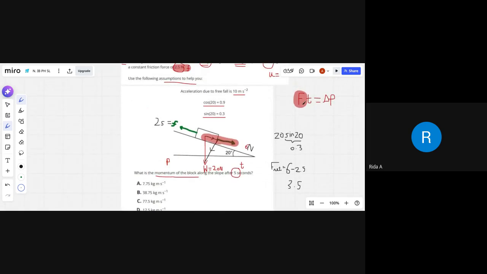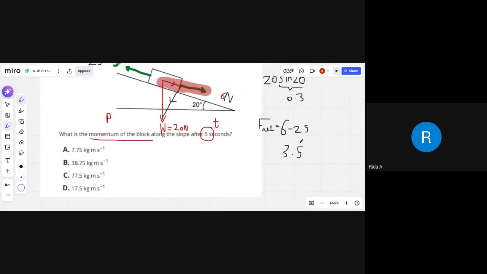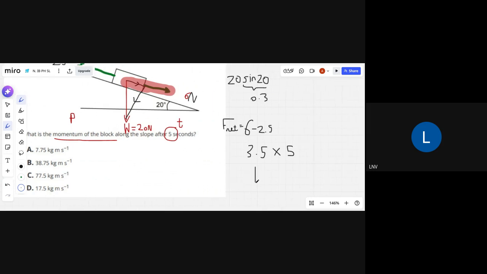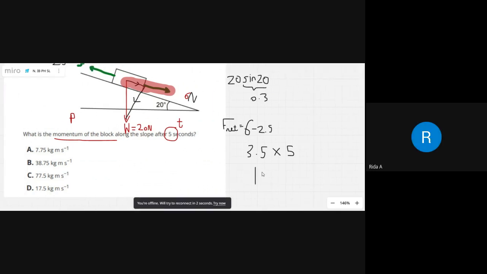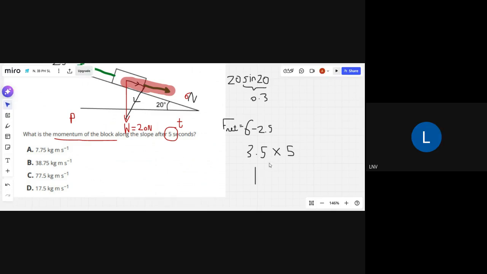And then you'll just multiply by the time taken. The time taken is 5 seconds. 17.5. Wait, but don't you divide first by 2 to find the acceleration on the slope?